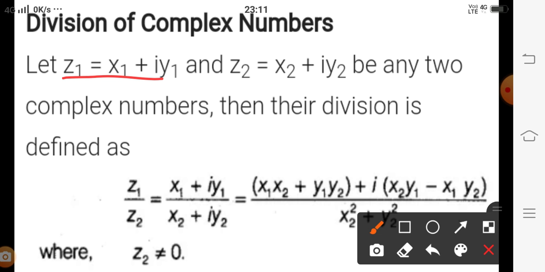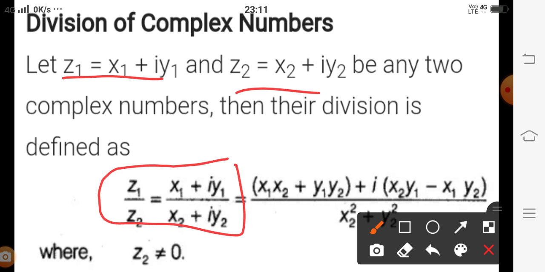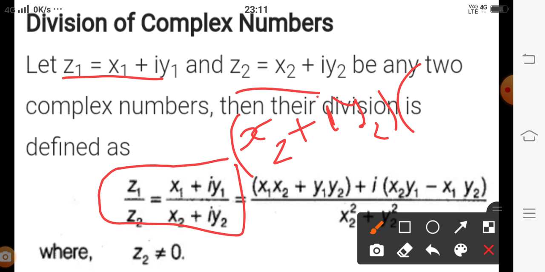Then I take z1 as x1 plus i y1, and z2 as x2 plus i y2, and these two are complex numbers. Their division is x1 plus i y1 upon x2 plus i y2. If you rationalize this, meaning you multiply by the conjugate, then in the denominator we get x2 plus i y2 into x2 minus i y2.